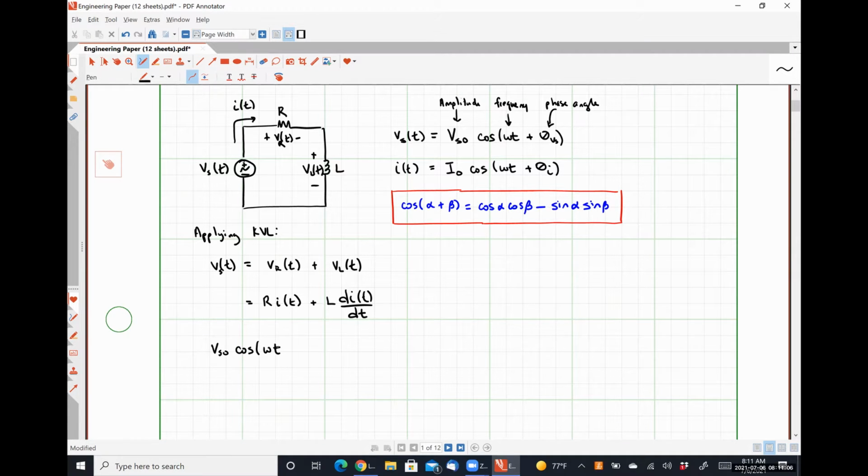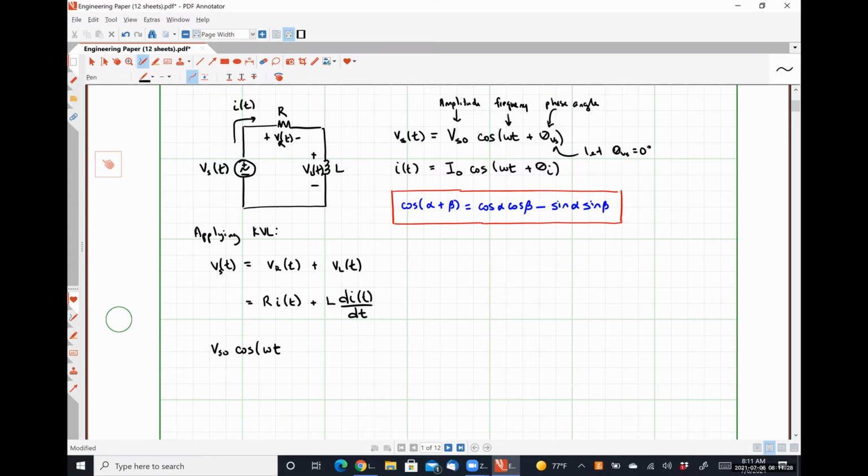I am intentionally assuming a phase angle of 0 for my voltage signal here. Okay, so I'm going to explicitly say let theta Vs equal to 0 degrees just to make the math easier, or slightly less difficult to follow, really.